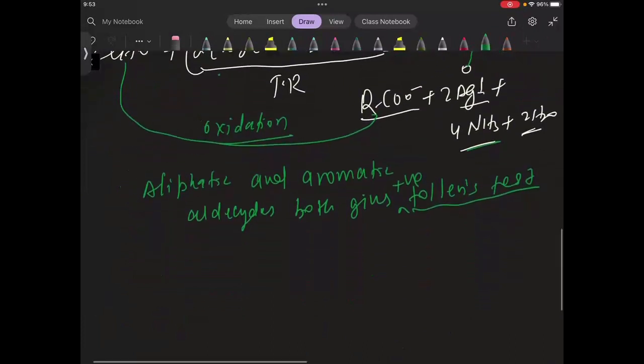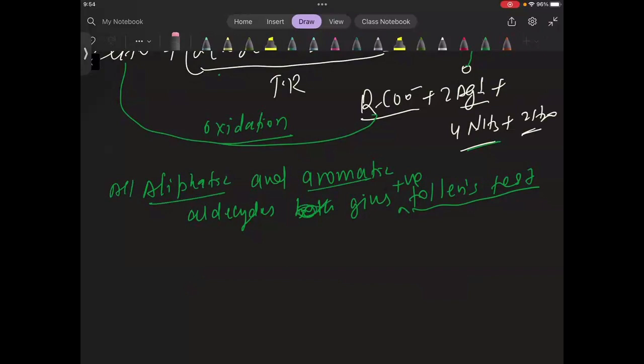Because some compounds give the Tollens reaction but not a silver mirror. So silver mirror means we are talking about the positive Tollens test. All aliphatic and aromatic aldehydes give a positive Tollens test.